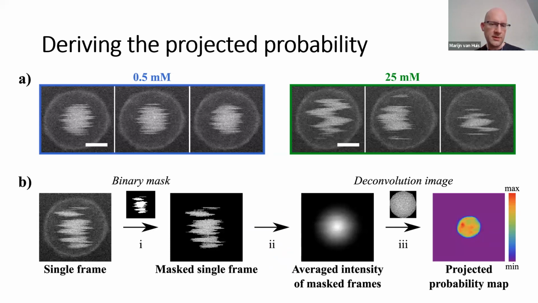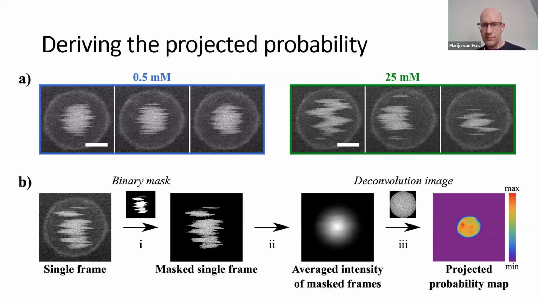We have done a sequential analysis of all data. So at the bottom, you can see the sequence. We start with a binary mask, and then we mask the single frame. Therefore, we lose the information on the shell because that is not helping when you do analysis. Then we construct an averaged intensity of all frames.